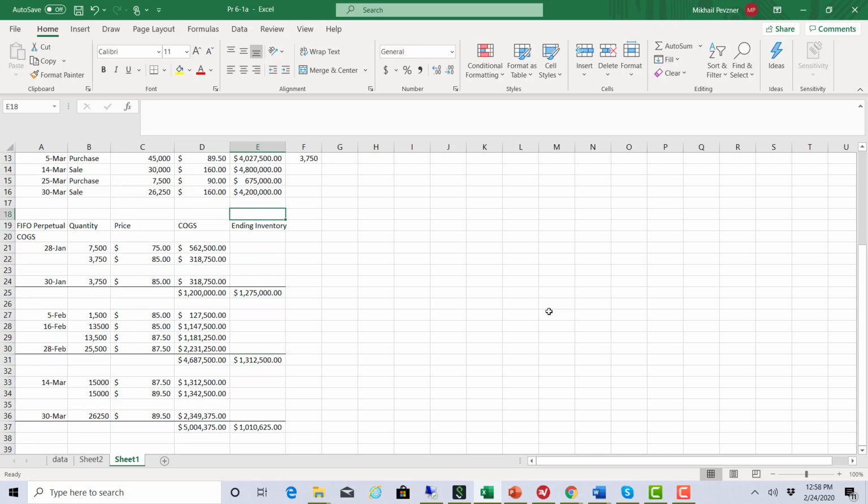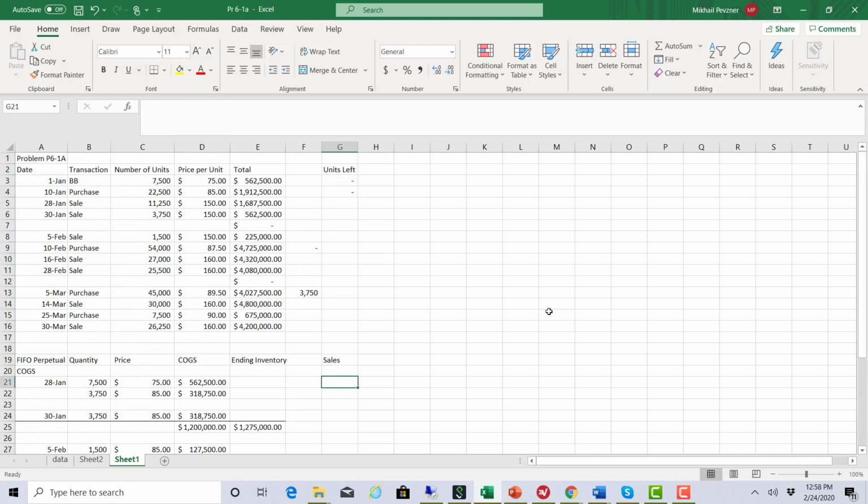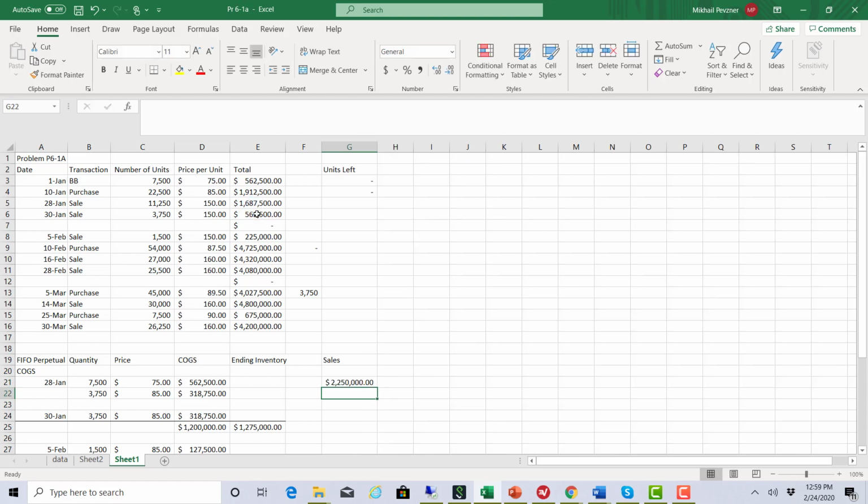The problem is also asking us to calculate gross profit. For that, you need to calculate sales, which are known to us. I'm going to go back through every month. Sales in January were these two, price times quantity. Gross profit is simply sales minus total cost of goods sold.